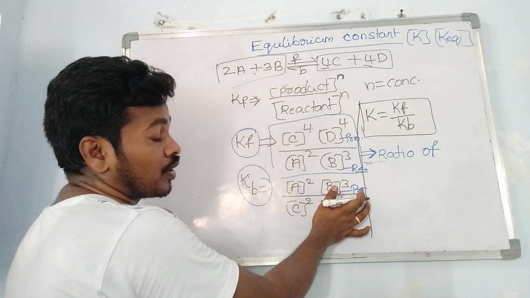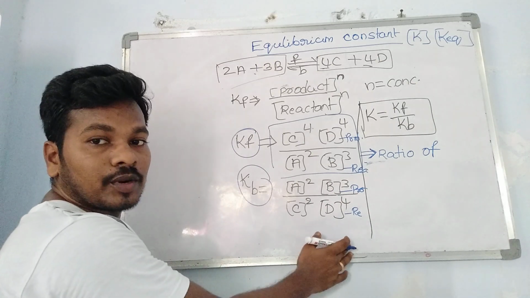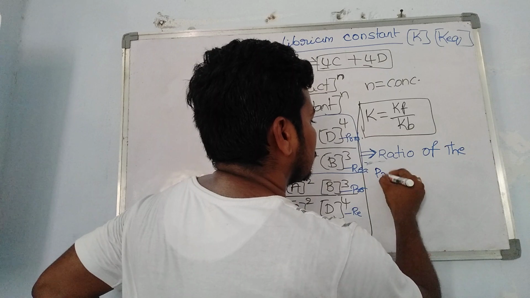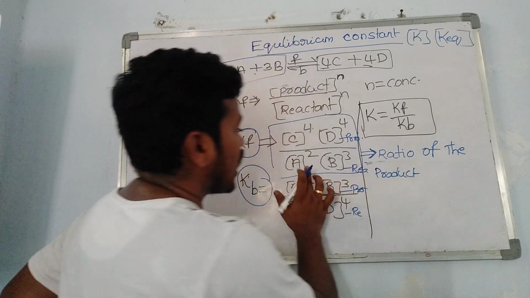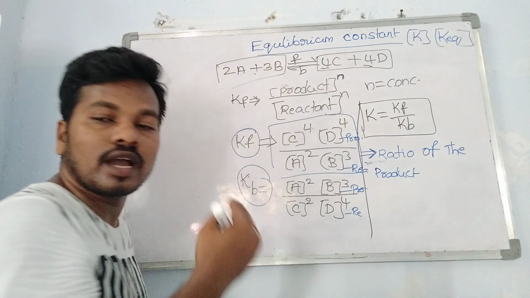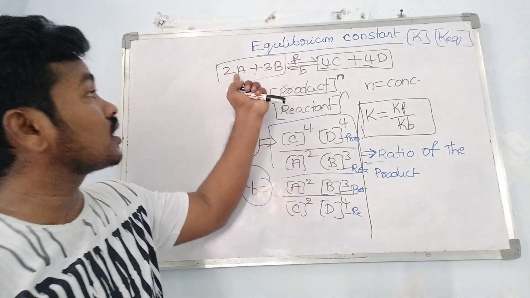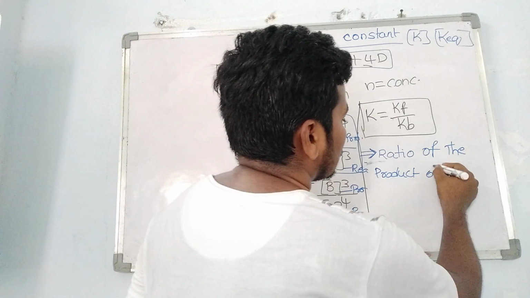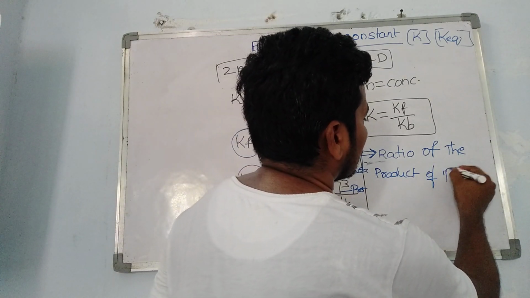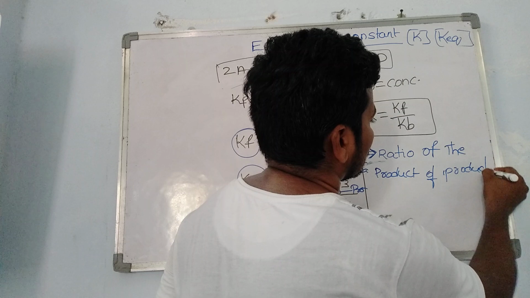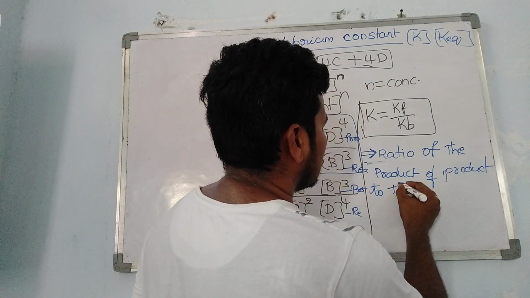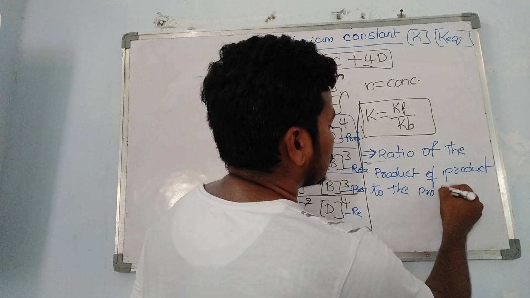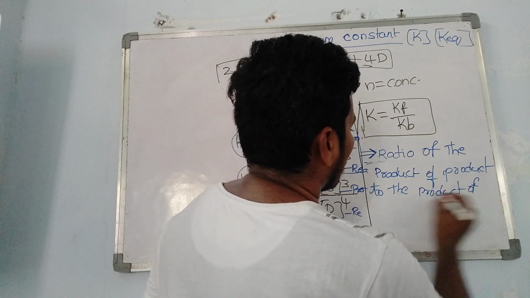What we have done is product upon reactant. We didn't do addition or subtraction; we just took the product of the products and the product of the reactants. So the ratio of the product of the products to the product of the reactants.